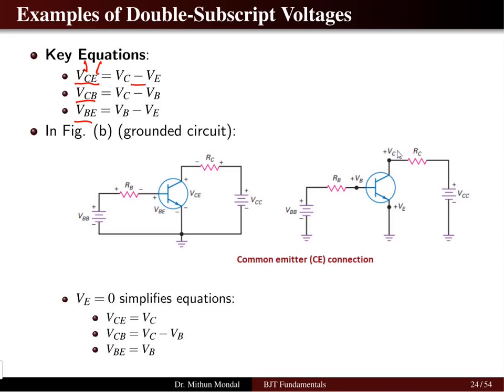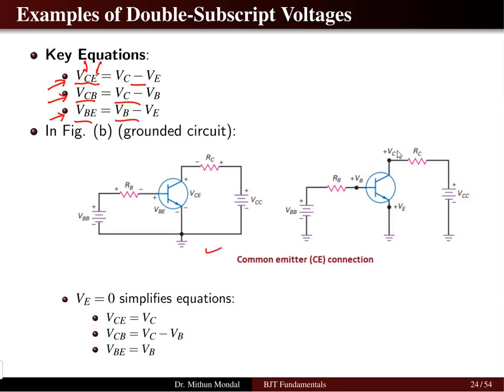So VC minus VE represents VCE. Similarly, VC minus VB and VB minus VE represent VCB and VBE.